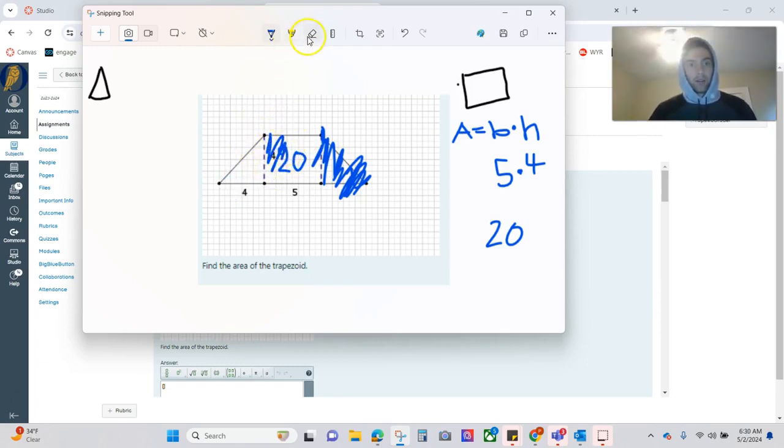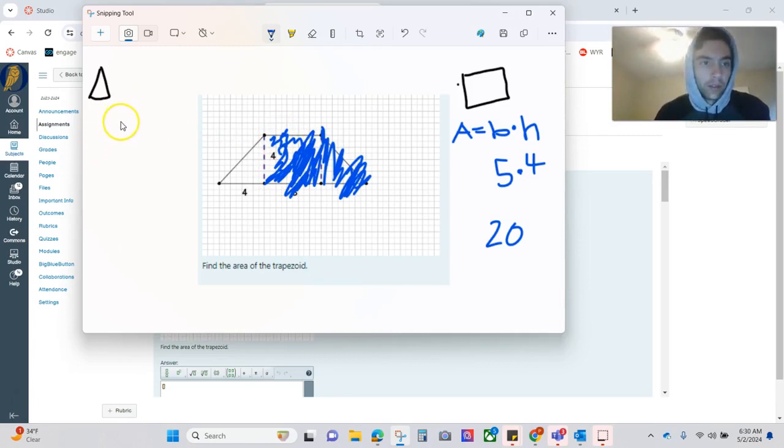Now let's look at only this triangle on the left. To find the area of a triangle, we can do almost the same thing we did for rectangles. Base times height, but we divide by 2.